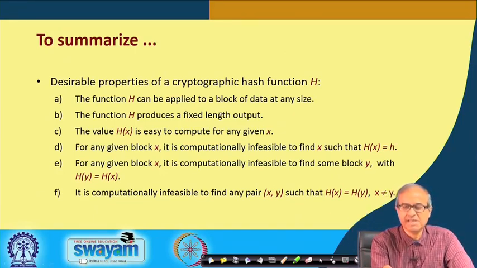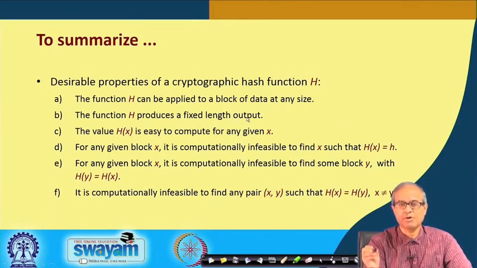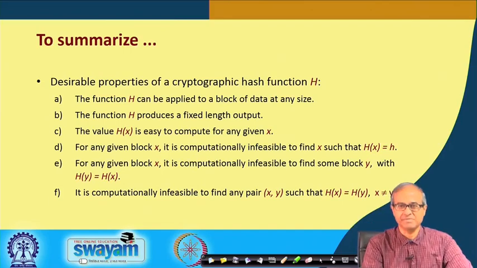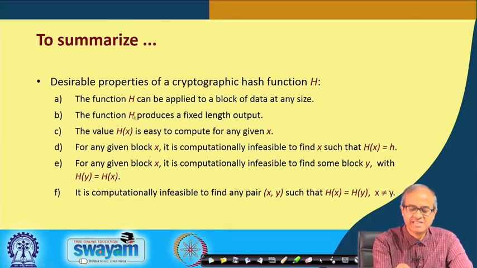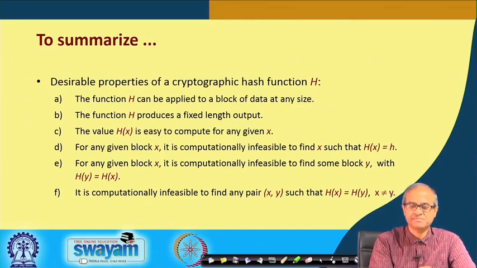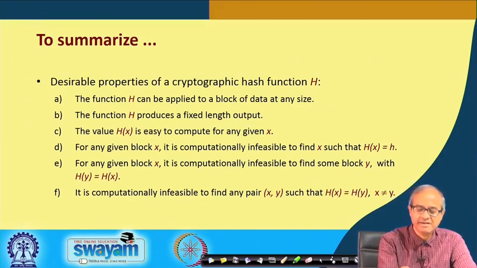So, roughly speaking, a block of data of any size up to some reasonable upper limit, and this hash function typically will produce a fixed length output as the hash value.